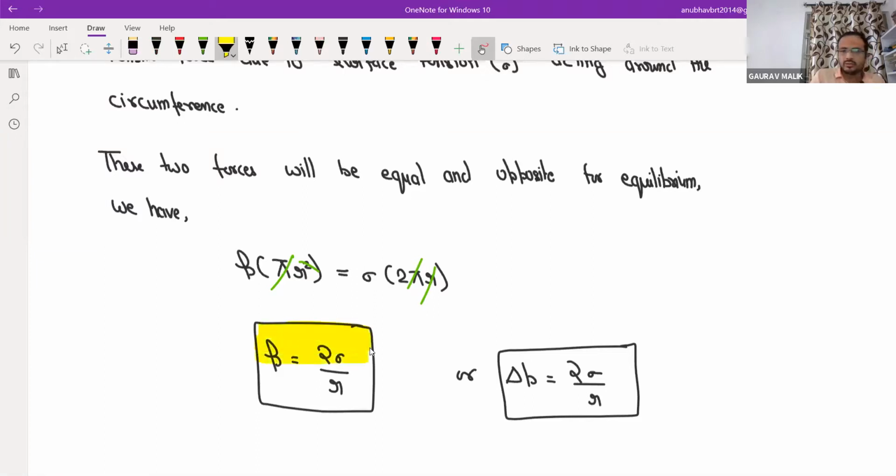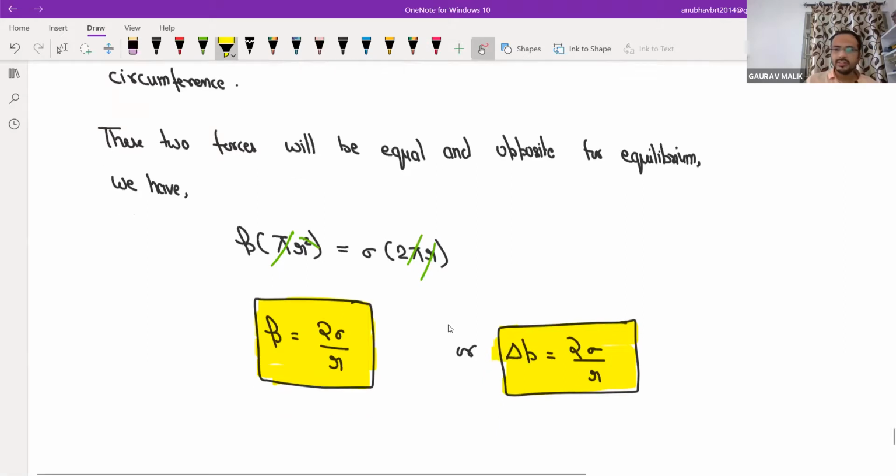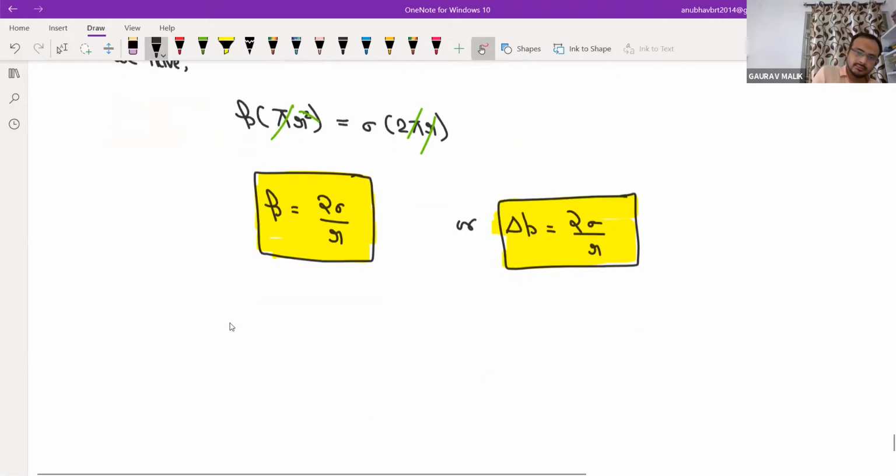And in terms of diameter also you can write it. Or in some books, you can also get it like this. We know that delta P is equal to 2 sigma S by R, and delta P is Pi minus P naught.